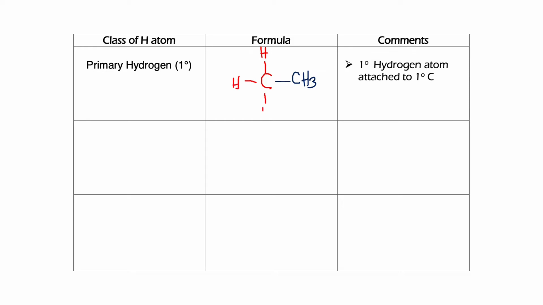Okay, so if we want to classify hydrogen, we have to classify the carbon first. So this red carbon, okay, kita fokus red carbon sahaja ya. Okay, kalau kita lihat, this red carbon is of course primary lah. And therefore, all the H that attach to the primary carbon will automatically become primary hydrogen.